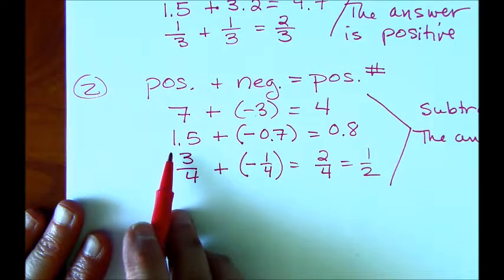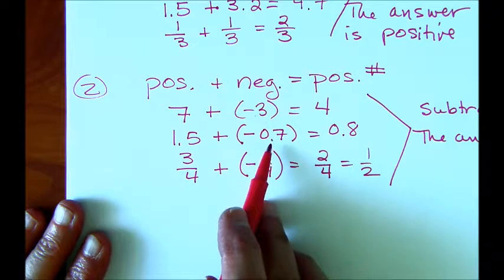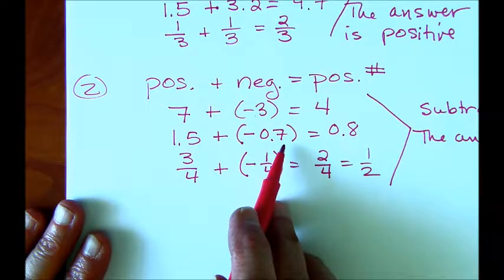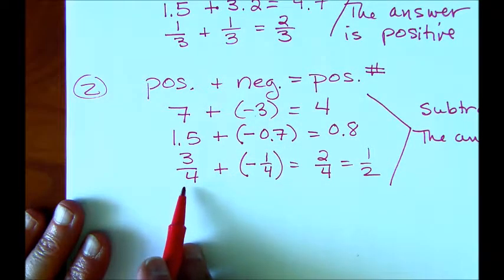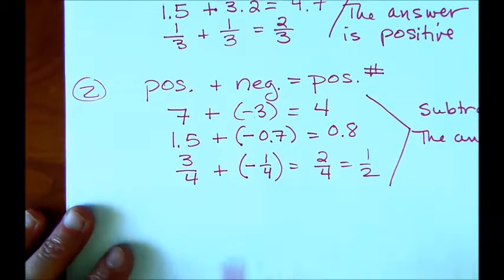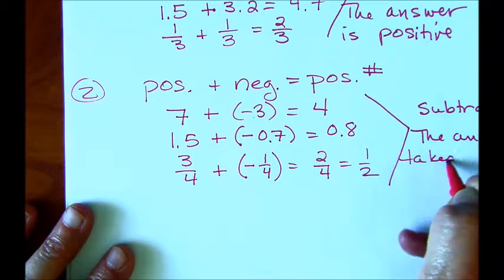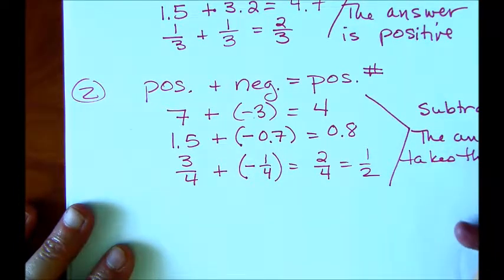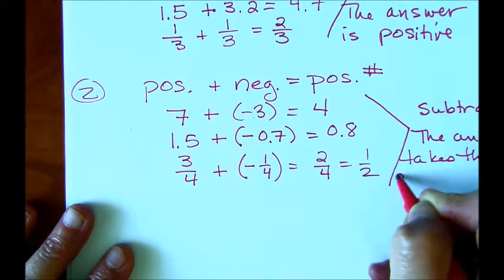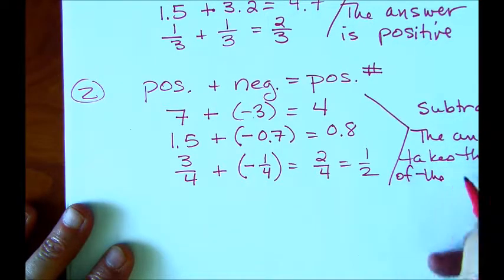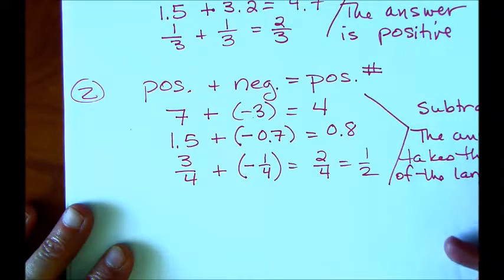Same over here, 1.5 is larger than 0.7. 3/4 is larger than 1/4. So the answer takes the sign of the larger number.